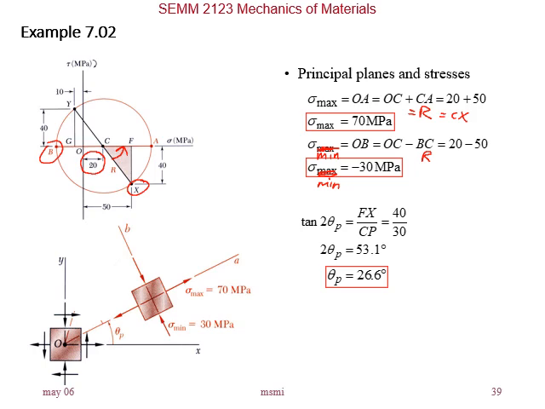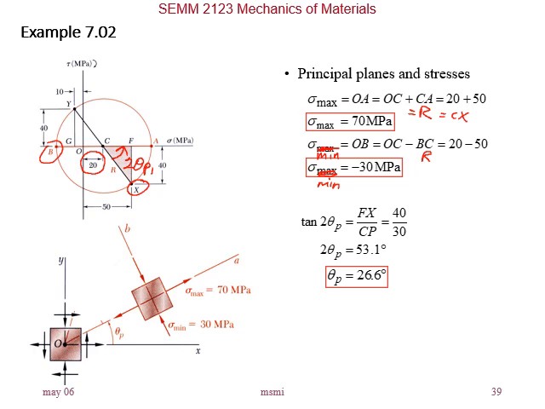You use either cosine rule or tangent or whatever rule you want to use. So we can say tangent of that angle there is equal to FX over CF. And that angle will be twice the actual angle, remember? So that is 2 theta p1.